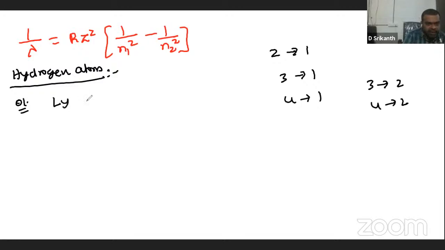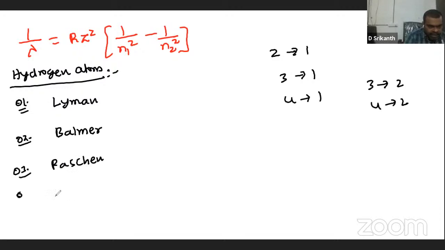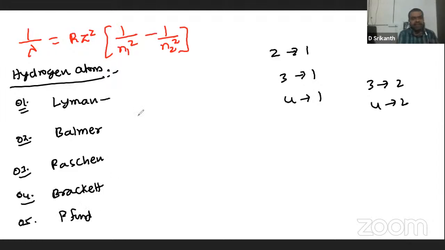One is Lyman, second is Balmer, third is Paschen, fourth is Brackett, and fifth is Pfund. Lyman series means n2 will be 2, 3, 4, and so on to infinity, with n1 equal to 1.